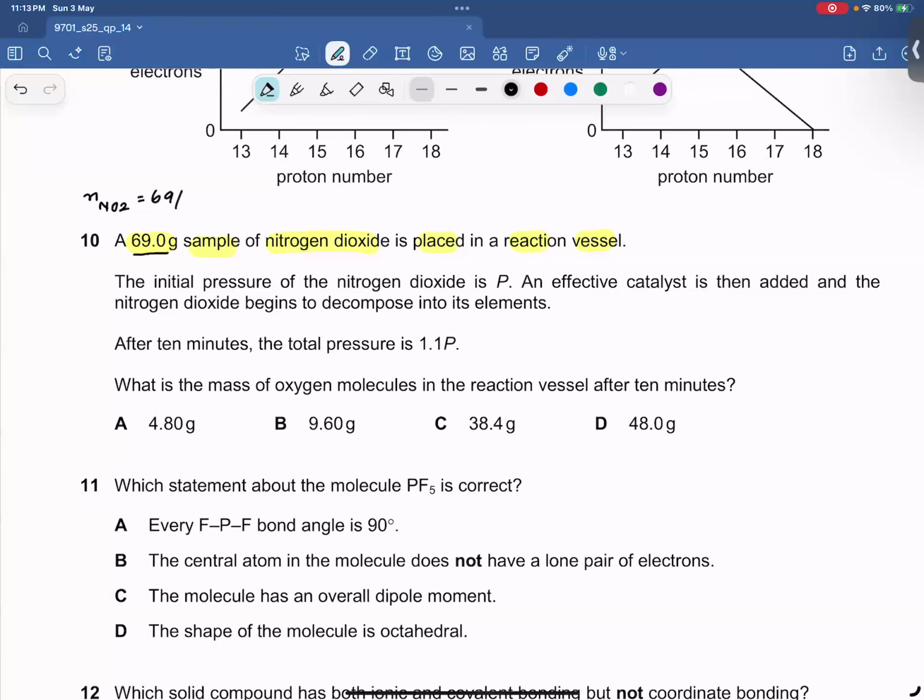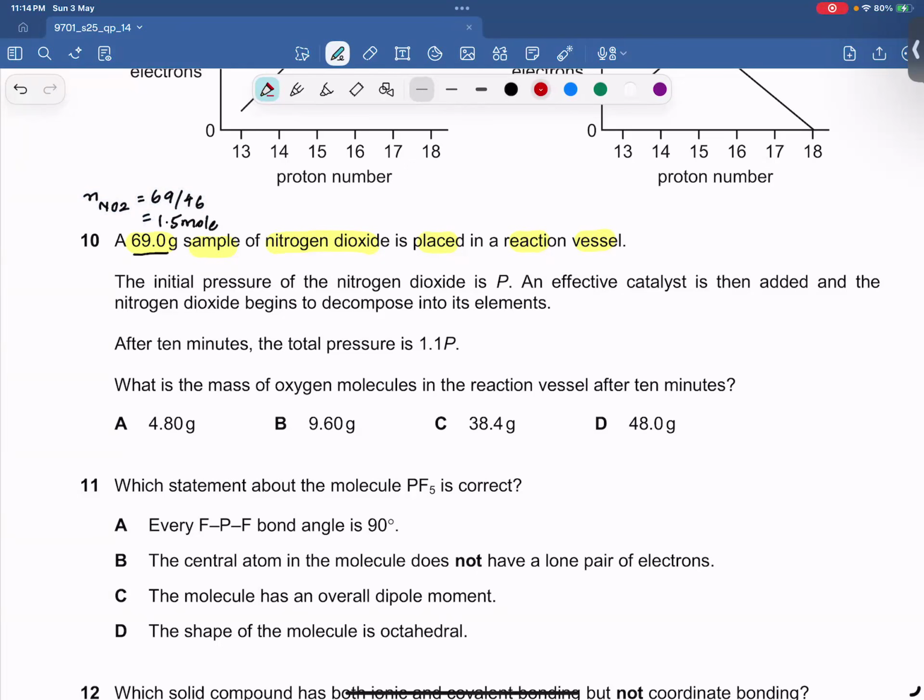So 69 is divided by 46 because 46 is the Mr of nitrogen dioxide. So 69 divided by 46 is basically 1.5 mole. So these are the initial moles of nitrogen dioxide which were placed in the reaction vessel.